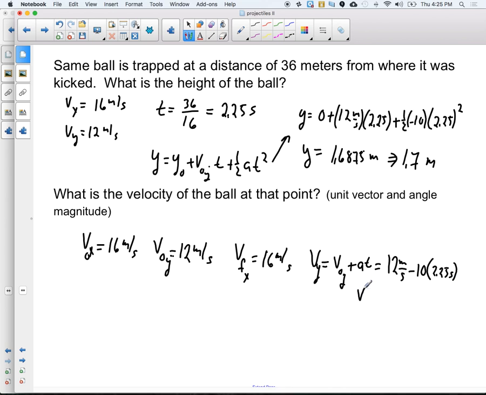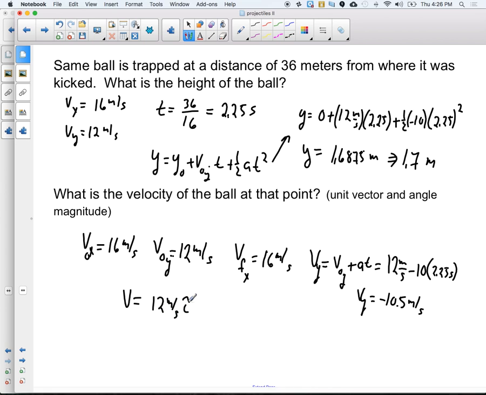That gives me a Vy of, I think I got minus 10.5 meters per second.